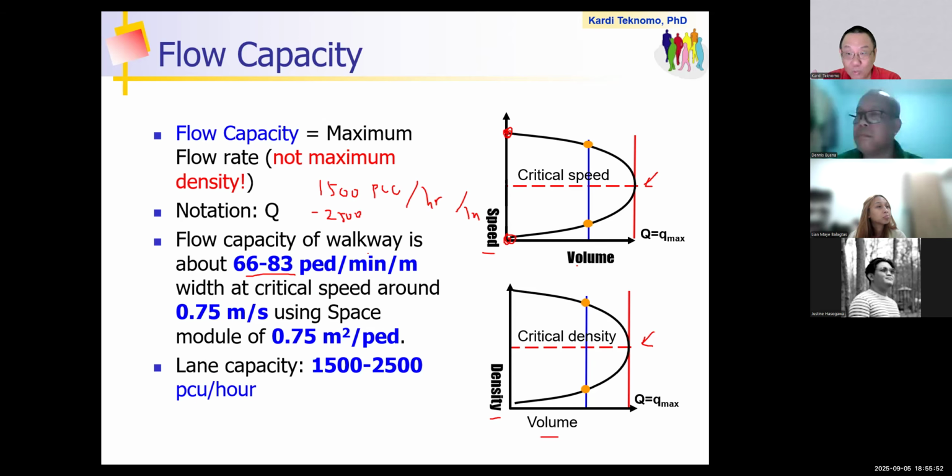Why do I need to know the typical value? Because using that you can estimate, so easier. So typical speed is also for pedestrian, this value. So this one. Lane capacity for vehicles, 1.5 to 2.5. I put it here already.